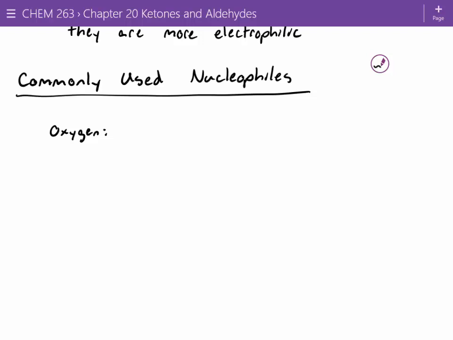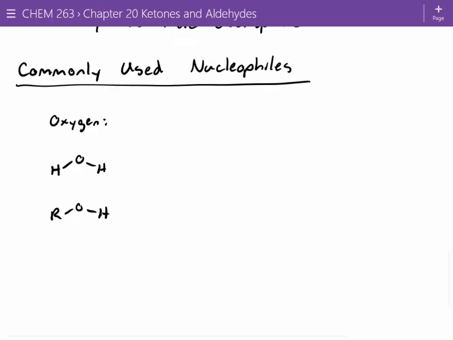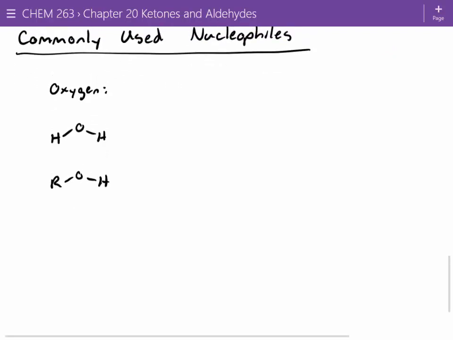Yeah, or we could just say even water, right? So if we're dealing with just neutral sources of oxygen, we could have water. We could have alcohols. Oops, sorry, that should be an OH. The other one that we're going to see in coming portions of this chapter are diols, which are actually very commonly used as a protecting group strategy for ketones, and we'll see that later.